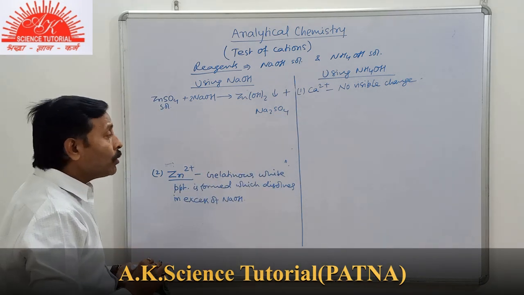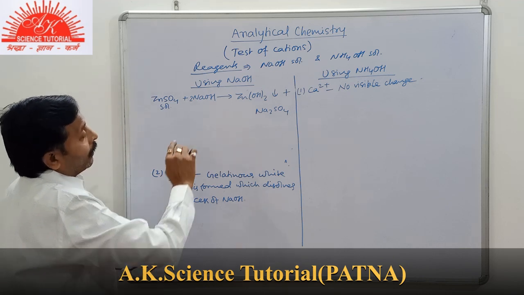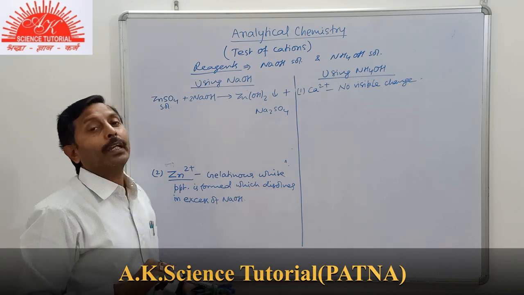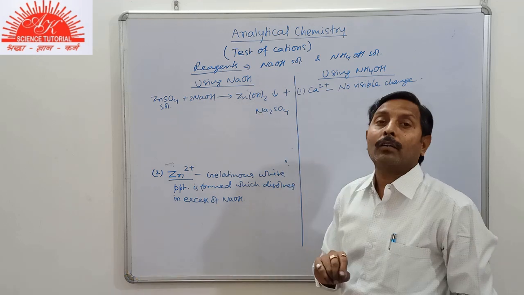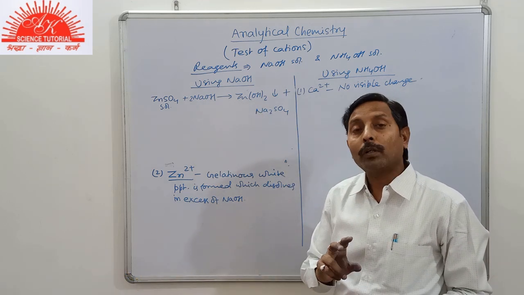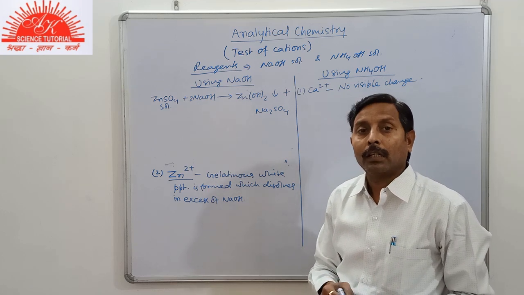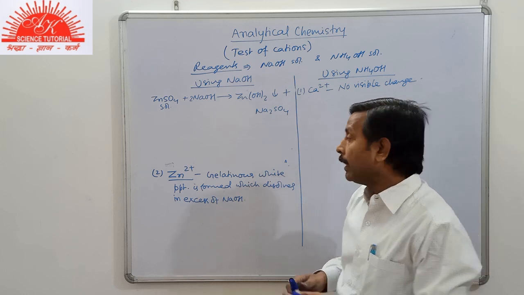But as we have discussed here, this white precipitate dissolves in excess of NaOH. What is the reason? Zinc hydroxide is amphoteric in nature. Amphoteric means it reacts with acid as well as with alkali. So zinc hydroxide is amphoteric in nature.